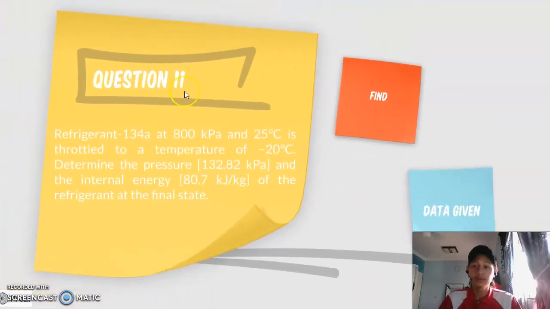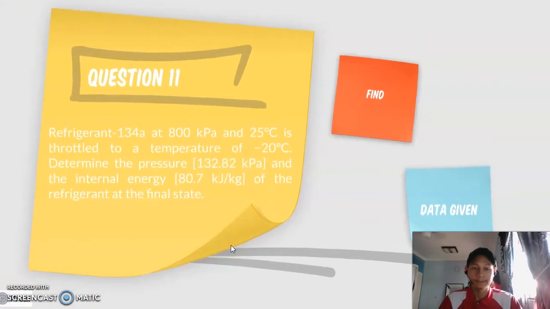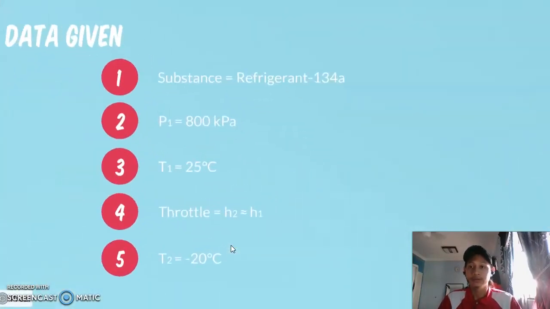So, from the question given, we can get the data. Firstly, the substance used is refrigerant 134A. Second, the initial pressure or P1 is equal to 800 kPa. Third, the initial temperature or T1 is 25 degrees Celsius.